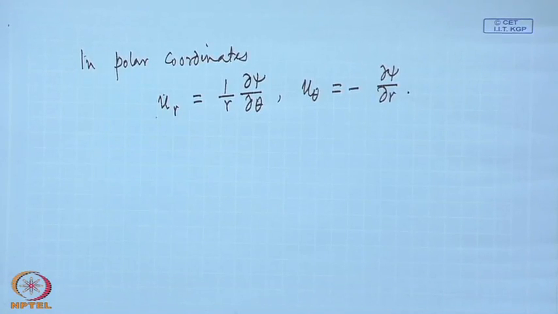You can check it with this, that in both cases that is what it is. If you differentiate it with respect to y, you get the velocity in x, which is 90 degrees clockwise. If you differentiate it with respect to x, you get the velocity in the negative y direction, which is again 90 degrees clockwise with respect to x. So, differentiate in any direction, you get the velocity in the 90 degree clockwise direction.